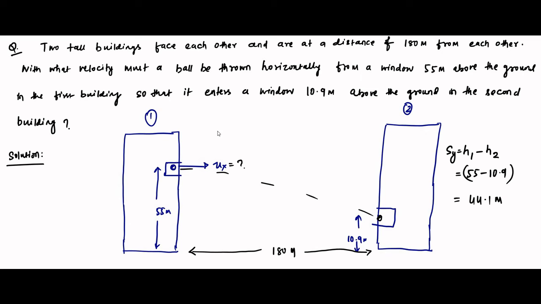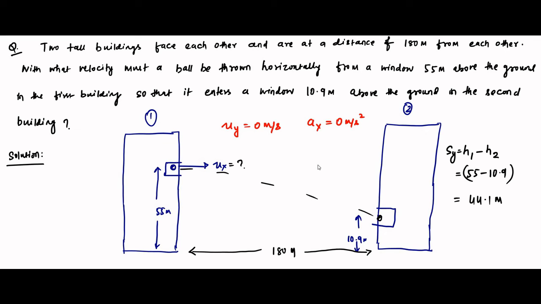So here, some parameters. We have solved so many questions, so you are familiar with that. There is no vertical component of velocity, so uy is 0 meters per second, the initial vertical velocity. Then there is no acceleration component along the x-axis, so that is also 0.